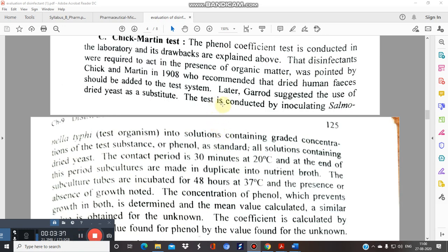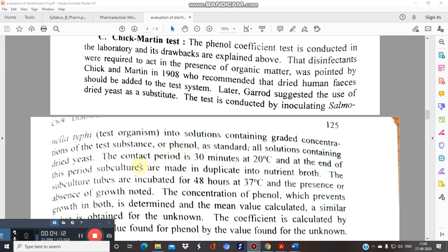Okay, see again. This Chick-Martin test is conducted by inoculating Salmonella typhi into a solution containing a concentration of the test substance, or phenol. We prepare a suspension of Salmonella typhi, and this suspension is added to a particular dilution of the test substance, or disinfectant.